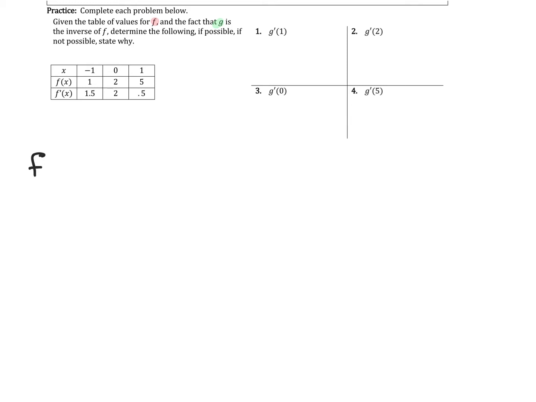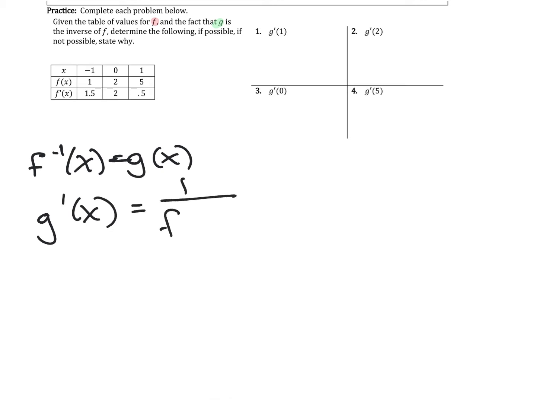F inverse is g. We're just calling it g so the notation is a little bit less confusing. We know, based on what we just came up with, that the derivative of g of x is 1 over f prime of g of x.